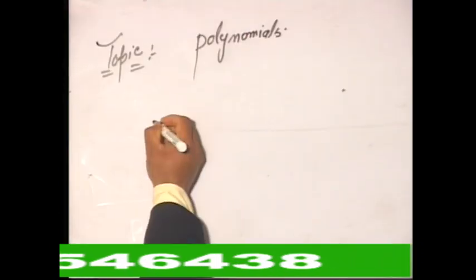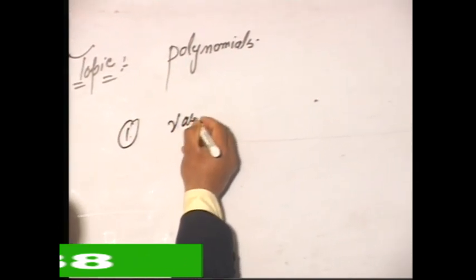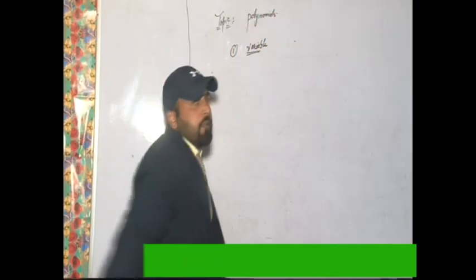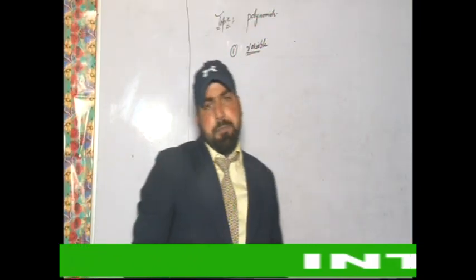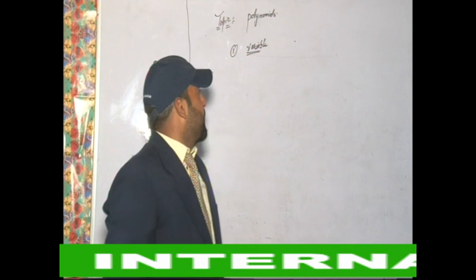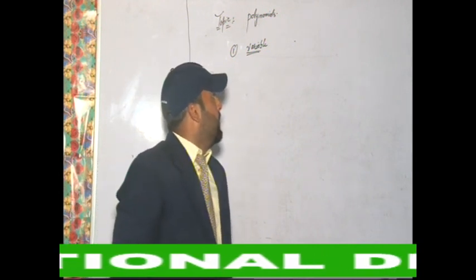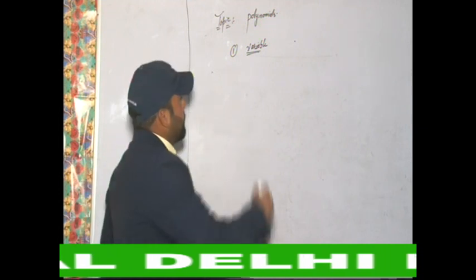The first concept is the concept of a variable. To understand the concept of a variable, let me take an example. Suppose a man hires a car. The fare of the car is as follows.